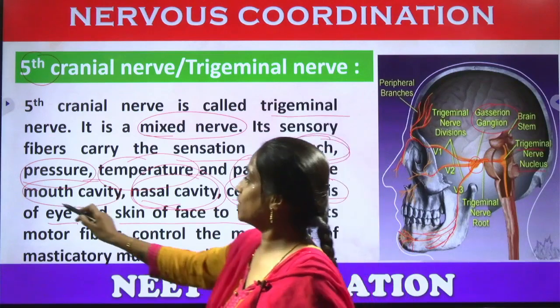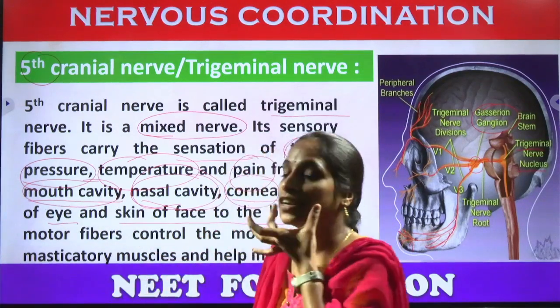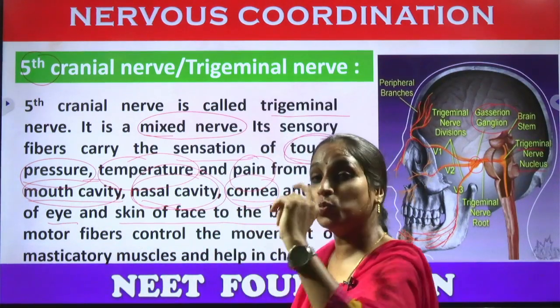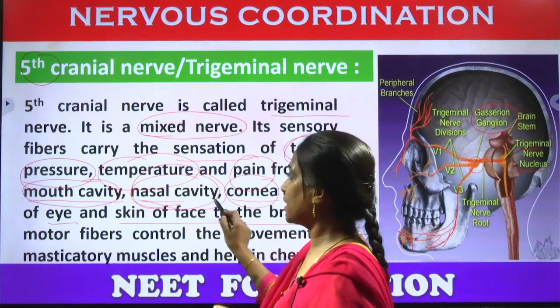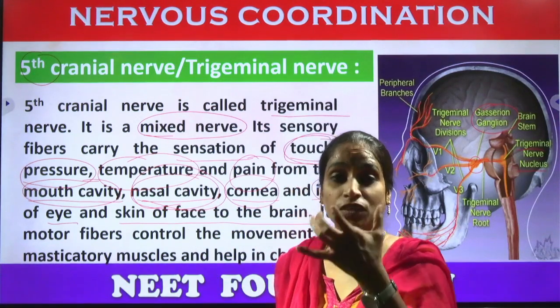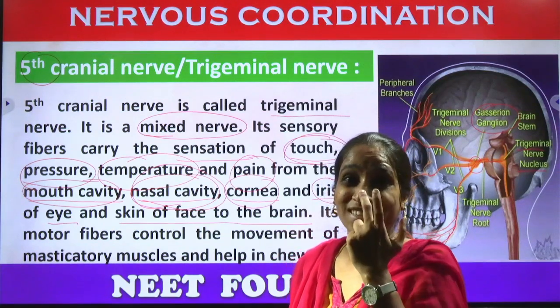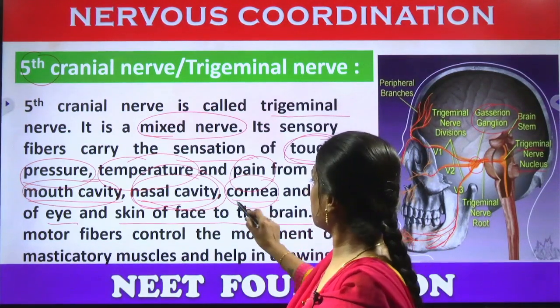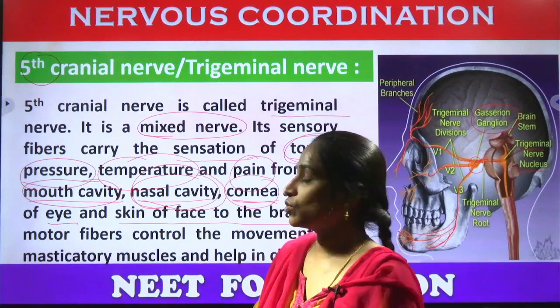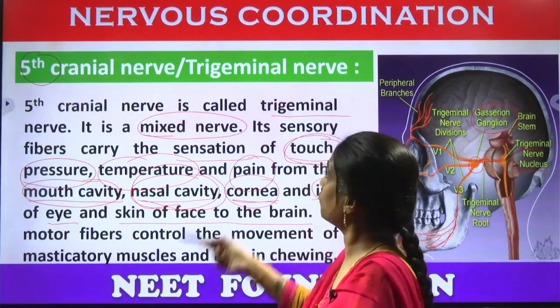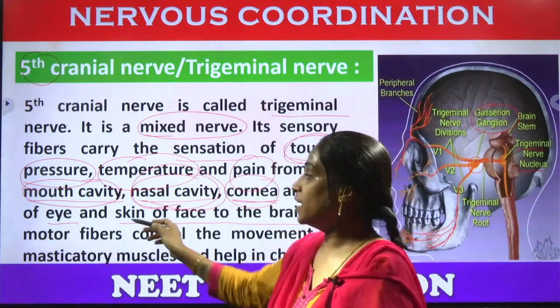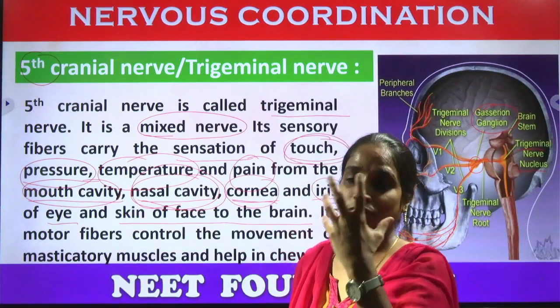Okay, and the other ones relate to the mouth cavity and the lower jaw, how to move it, and the nasal cavity, how to give the movements inside the nose. What moves there? The sneezing process. Next, the cornea and iris of the eye are also under the control of the trigeminal nerve, and so are the facial muscles, the facial expressions.